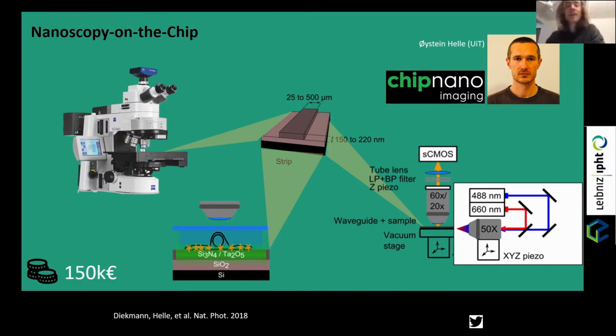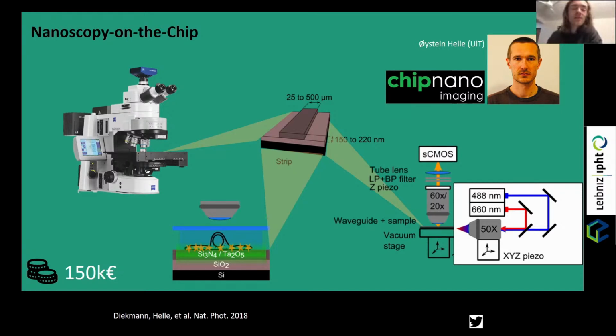You have a small photonic chip that's usually made out of silicon. It's the substrate, and then you structure a very high refractive index material on top of this chip, for example in the shape of a simple slab, which is only 150 nanometers high and roughly 15 micrometers wide, so it's much wider than high.